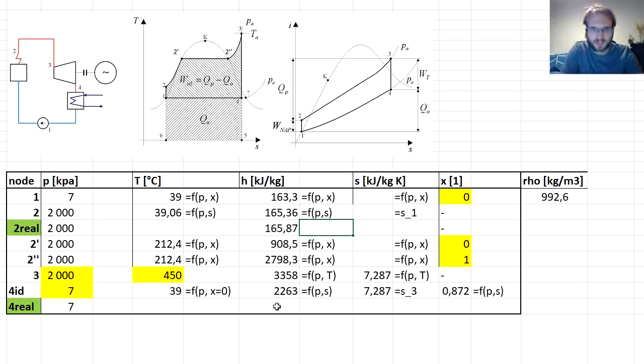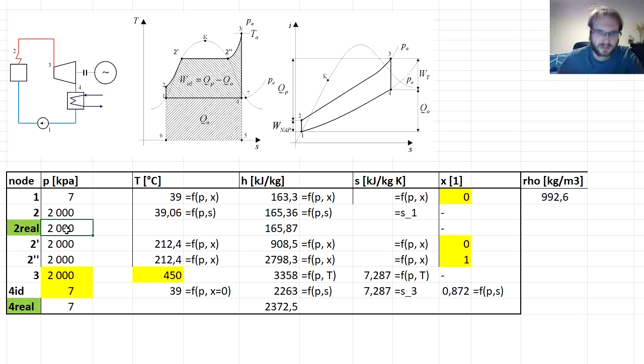And the enthalpy at the outlet of the turbine was 2372.5 kilojoules per kilogram. Okay, if you would like to get the temperature at this point, the best way to do it would be to use the two independent variables that we now have.